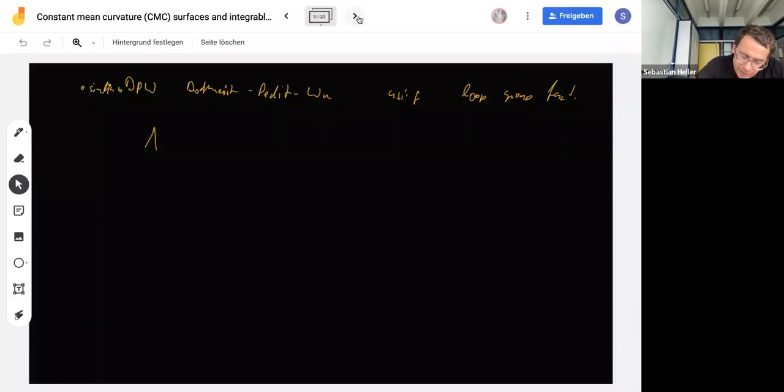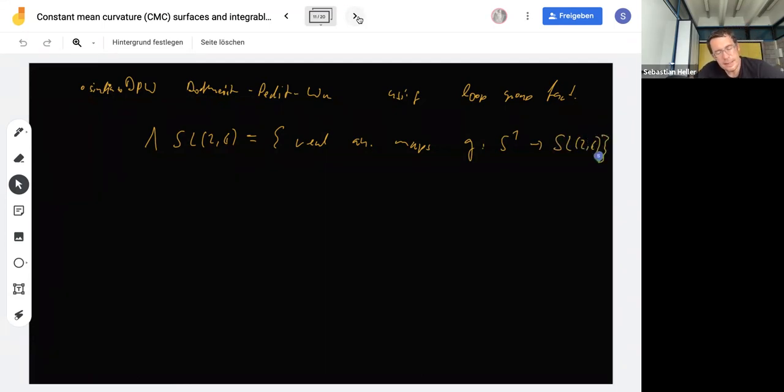So we define the loop group, or the SL2C loop group, as the space of real analytic maps from the unit circle into the group SL2C. This automatically is a group by pointwise multiplication, and if we have two real analytic maps on the unit circle and we multiply them pointwise, we get a new real analytic map. So this has a well-defined nice group structure.